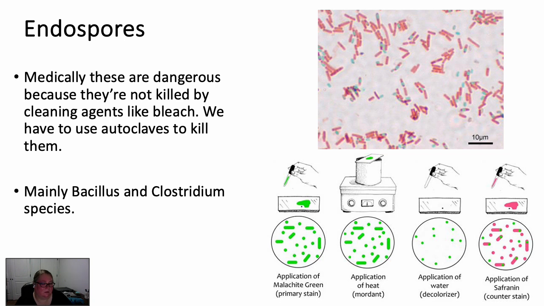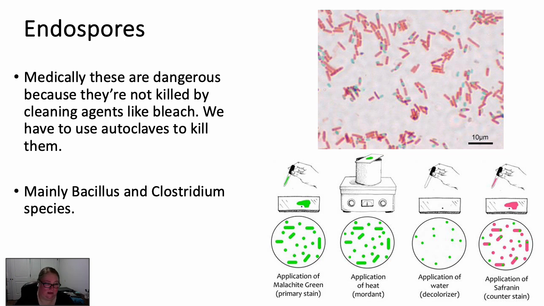Bacteria that form endospores are very medically dangerous. We've actually seen this in multiple cases with our case histories that we talked about at the first of the chapter. We talked about Bacillus anthracis and how it makes an endospore. Those endospores can live in the soil for a long time until they get stirred up, say, by a farmer, and then they can relocate to somewhere that has a better environment when they're spun up like that.